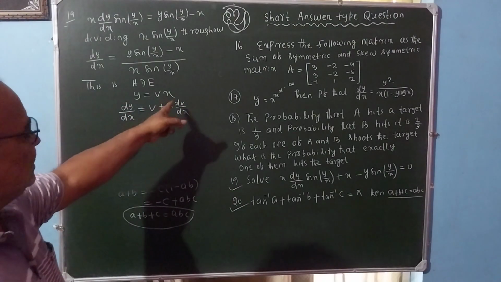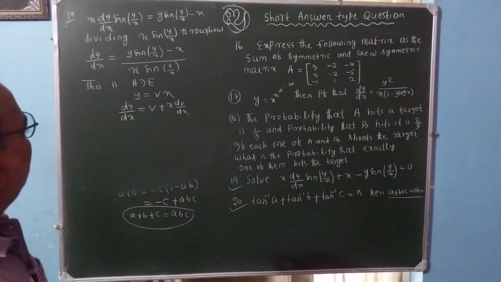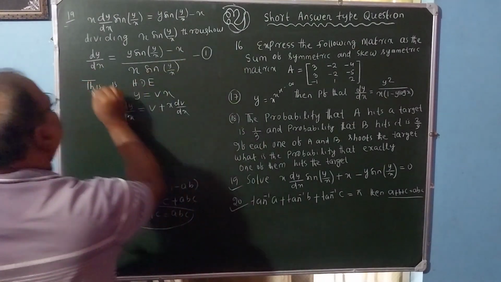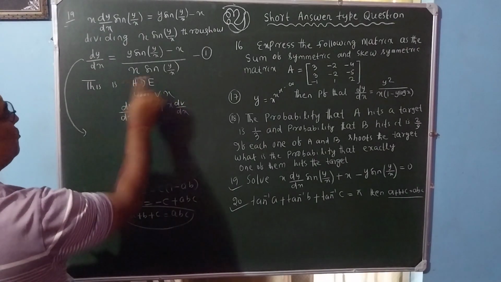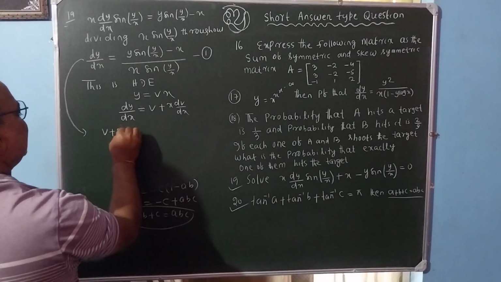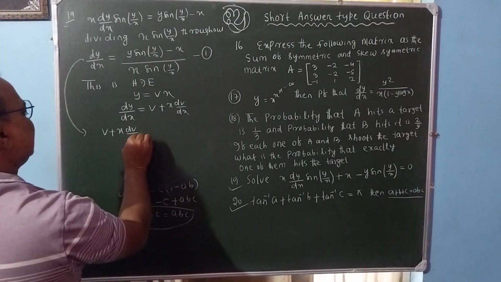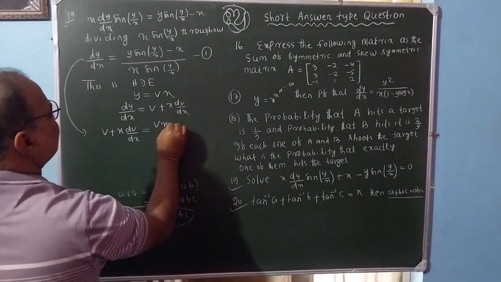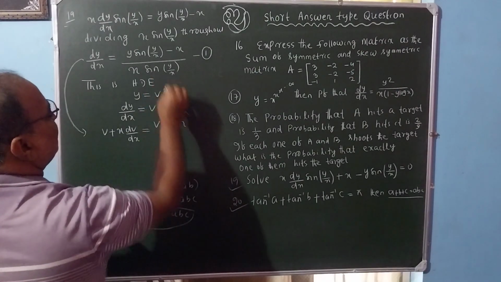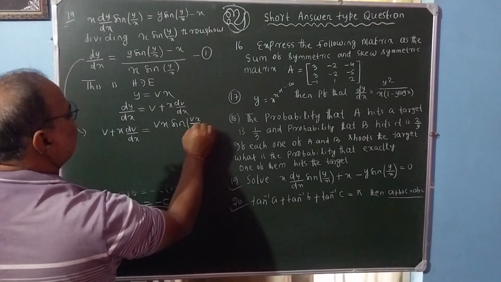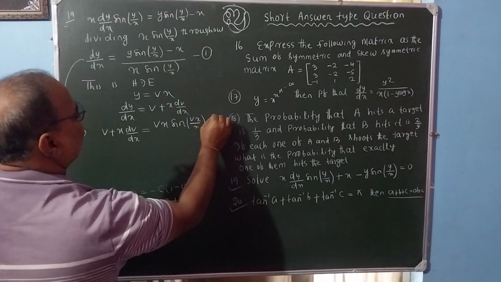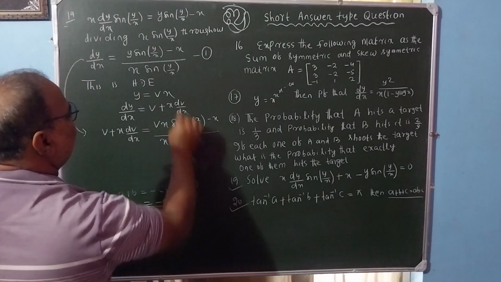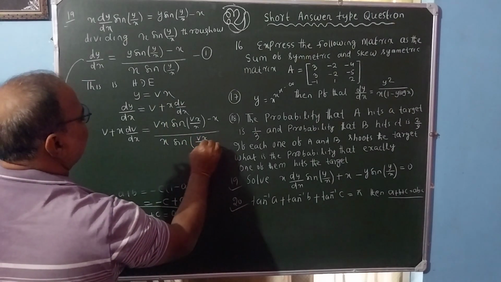Now equation 1 becomes V plus x dv by dx is equal to Vx sin (Vx by x) minus x divided by x sin (Vx by x).